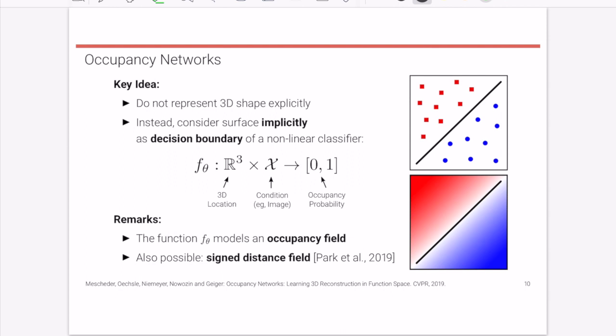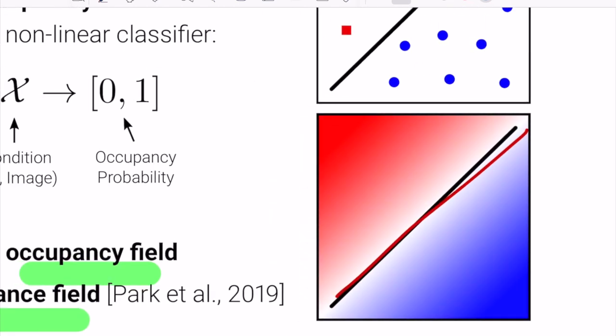Another possibility is the signed distance function. The signed distance function is similar to the occupancy field, but it is just the distance from the decision boundary, for example. Because if we know the surface explicitly during the training, we can represent the distance from the surface itself.